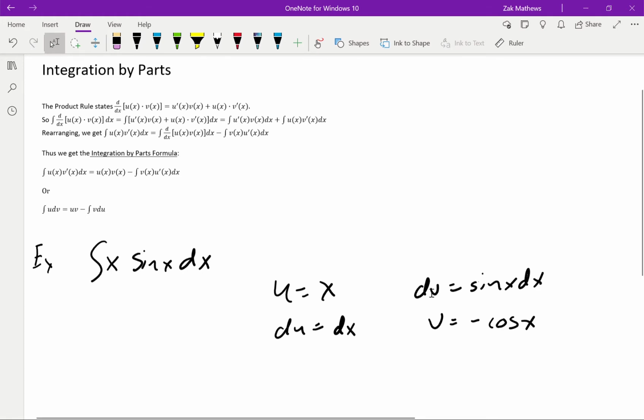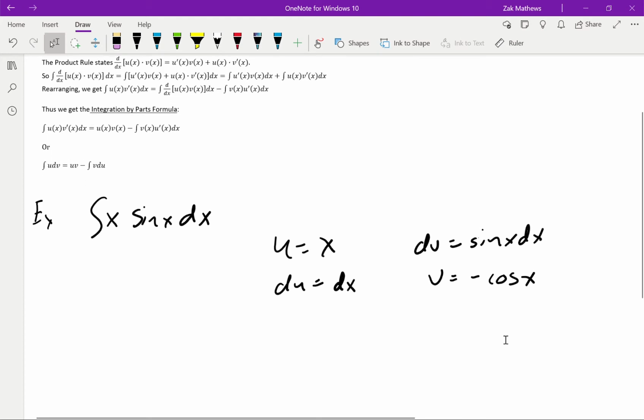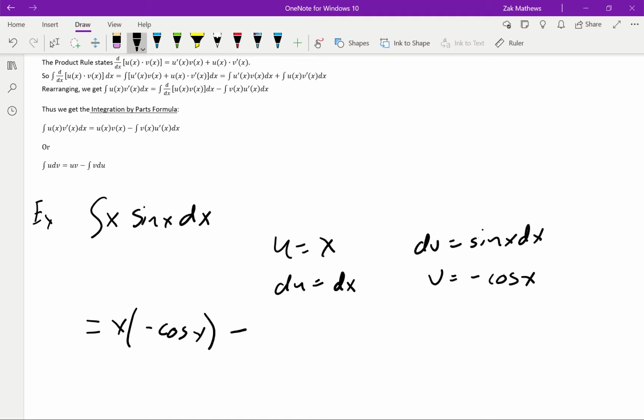So we are setting half of this integral as our x, and the other half is the dv. We're taking the derivative of the x, and we're taking the antiderivative of the dv. Then this integral would have to be equal to u, which is x, times v, negative cosine x, minus the integral of v, which is negative cosine x, times the du, which we found to be dx.